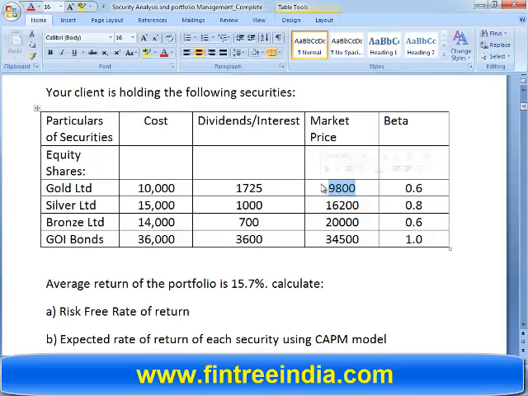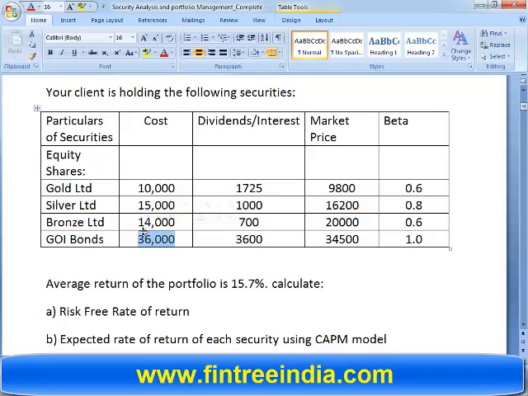So the actual return of the stock will be how much? You have a capital appreciation loss of 200 and a dividend of 17. That means the core return is 1525, and 1525 as a ratio to 10,000. So in this fashion we will calculate the returns of each of the securities.